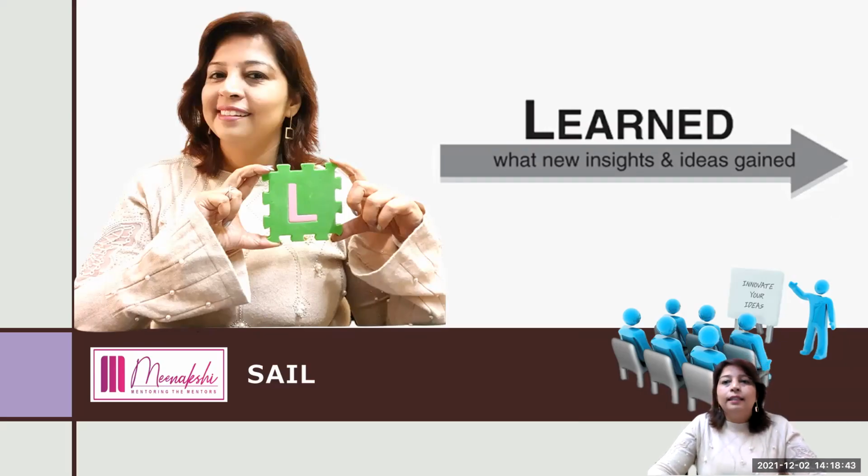What all new insights, ideas I have gained, I will be able to explain to my audience as a presenter, right? So the presenter's learnings, the presenter's takeaways are explained briefly, recapped, whatever you want to say. So this can be a very short step. You can take a minute or two for that, right?